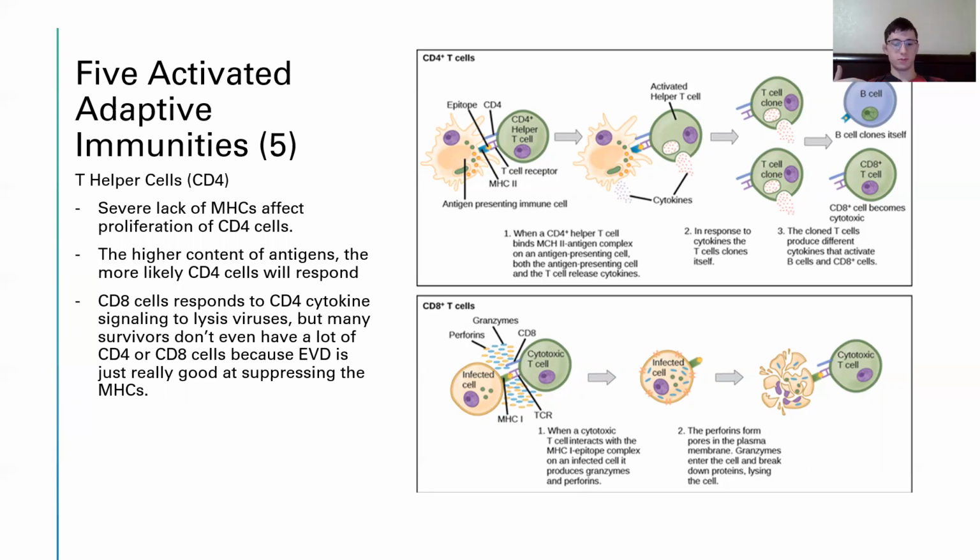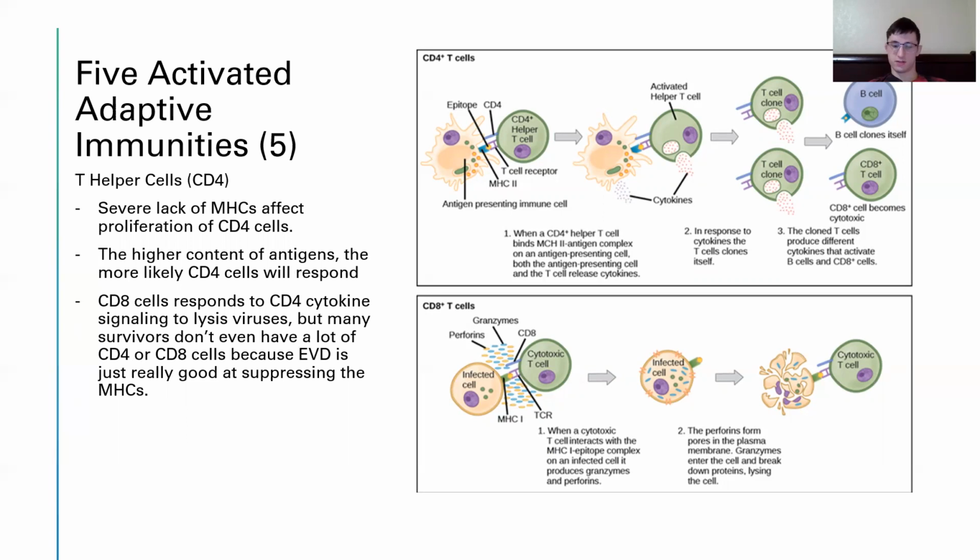For example, T cell responses, whether CD4 or CD8, are higher in patients with post-Ebola syndrome, also known as PES. It turns out that the longer a person is alive and exposed to a high content of antigens, the CD4 and CD8 cell response will be much higher, which of course makes sense, right?